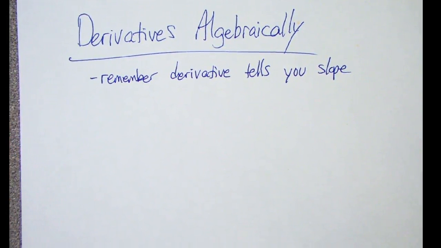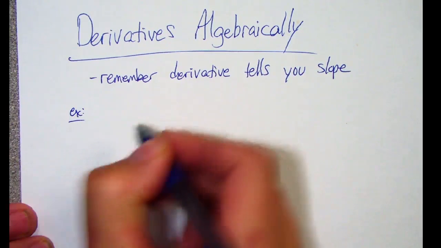And if we're taking the derivative of an equation, we want something that's going to give us the slope of like the entire equation.